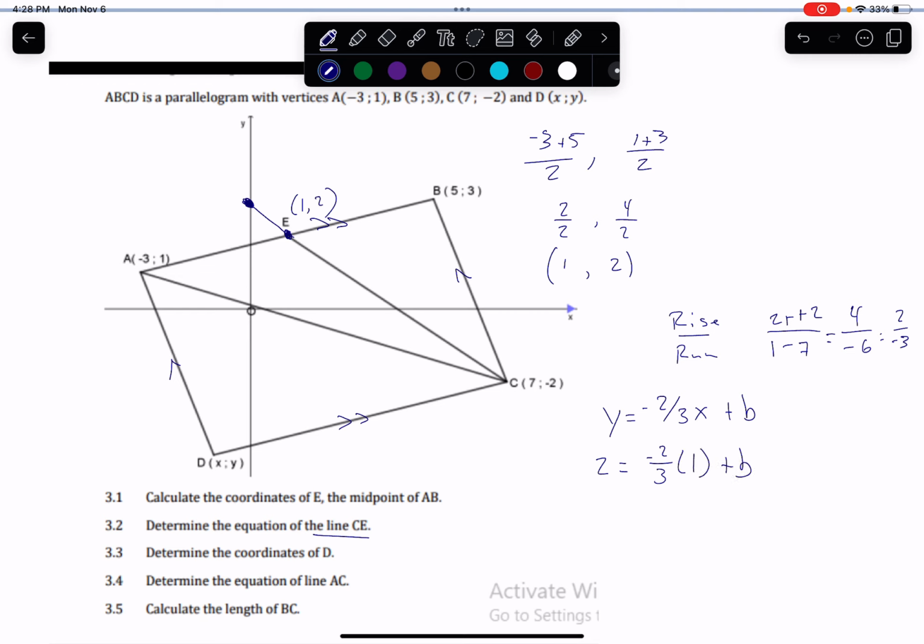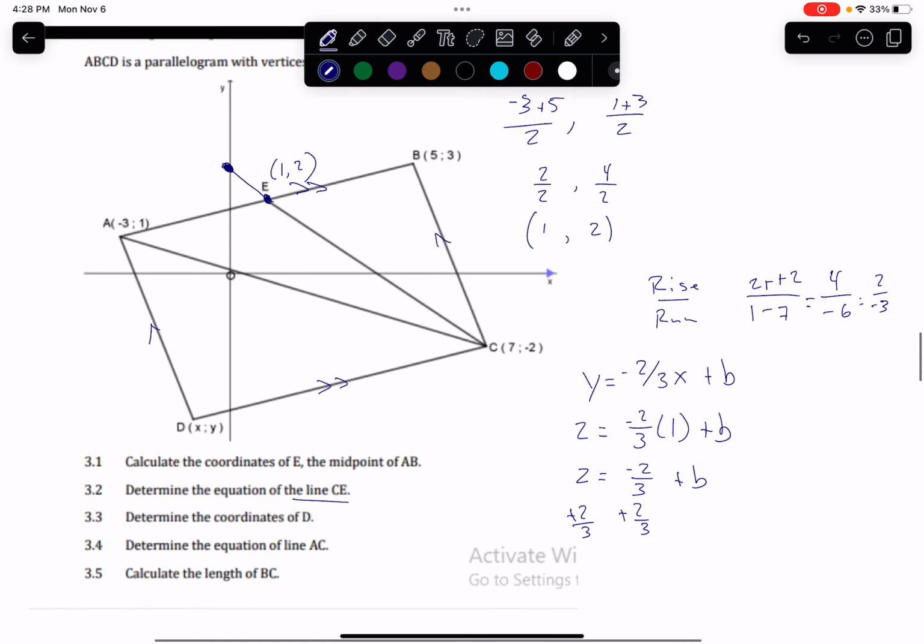Now we'll just solve for b. Add the 2/3 away. So 2 and 2/3. So the equation would be y equals -2/3 x plus 2 and 2/3. So basically I solved for b there. I got my y-intercept. So there's my equation.